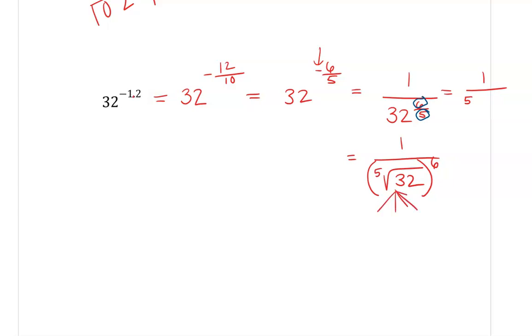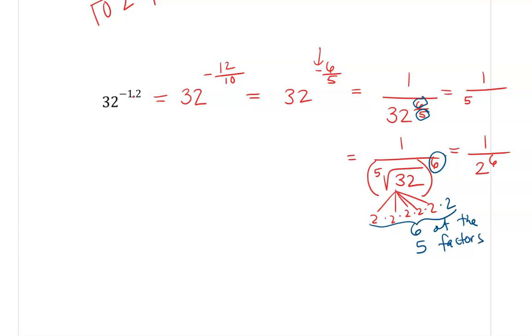Well, the 5 factors that multiply together to be 32 is 2: 2 times 2 times 2 times 2 times 2, 5 times is 32, and I just need to have 6 of those. So we're going to think of this as 1 over 2 to the 6th power. So I just need to multiply by 1 more 2. And now I have 6 of the 5 factors that make up 32. So then that would be 64, or 1 over 64 in this case. And so that would be our answer for this one.